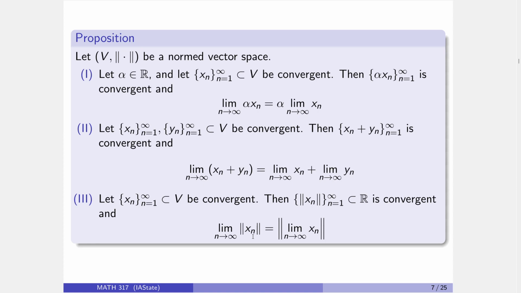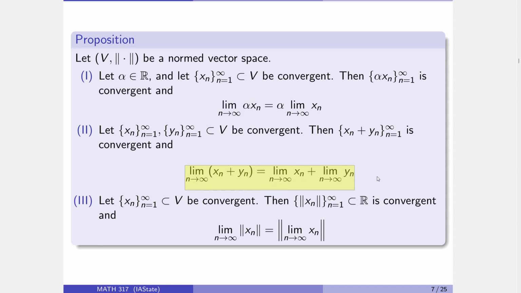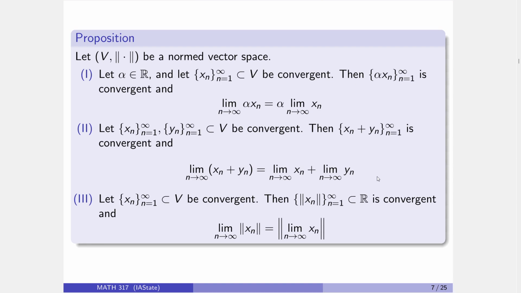So the three relevant structures of a normed vector space, the scaling, the adding, and the norm itself, are all appropriately interacting with the limit operation. So that's quite nice. Oh, look, I could pull out scalars and break out sums. I wonder if limits are linear. That's exciting.